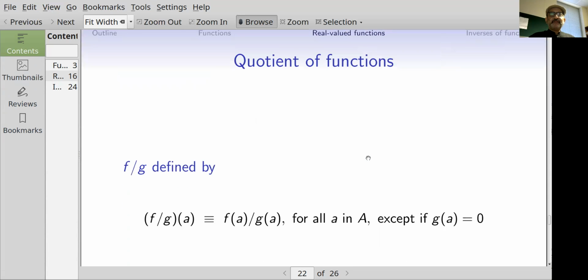Quotient of functions, you need to be a little bit careful, always with quotients. Let's suppose that F and G have the same domain. Then by the quotient F divided by G, what we mean is that that new function acting on a gives me f of a over g of a for all a in the domain of F and G, except if g of a is equal to 0.